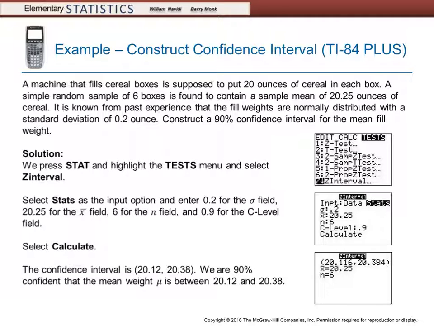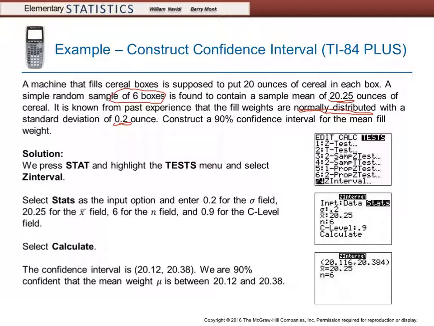So again, we're going back to the machine that fills cereal boxes. In this particular case, a random sample of 6 boxes is found to contain a mean of 20.25 ounces of cereal. And it is known from past experience that the weights are normally distributed. That's an important piece, with a standard deviation of 0.2 ounces.